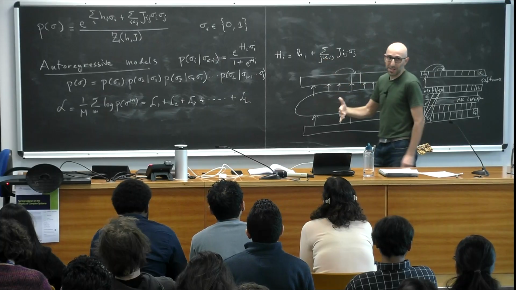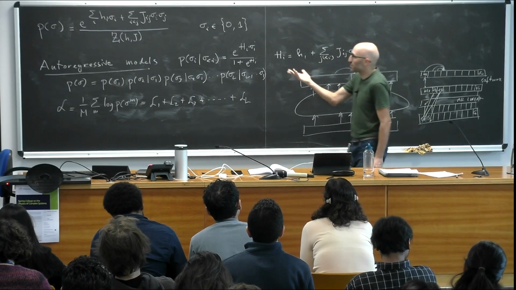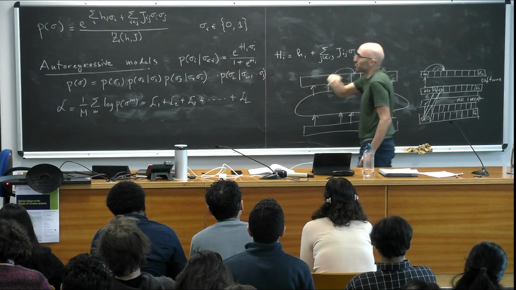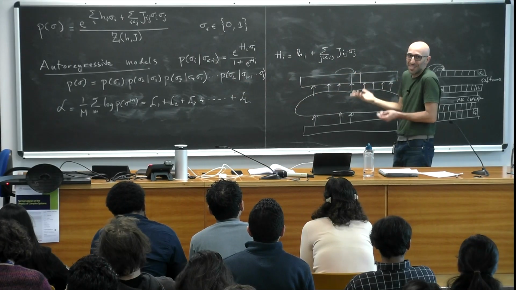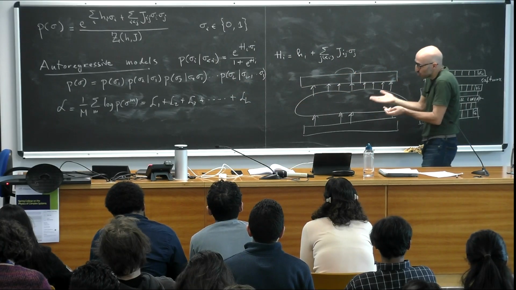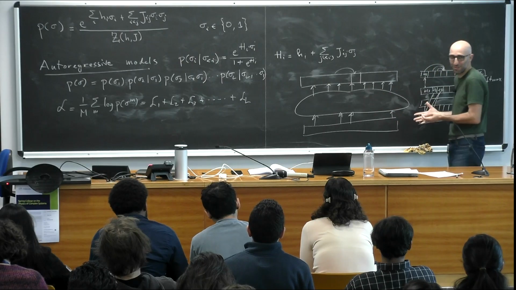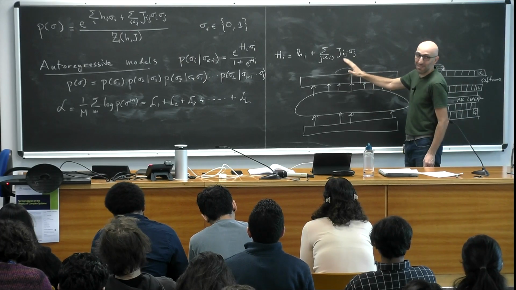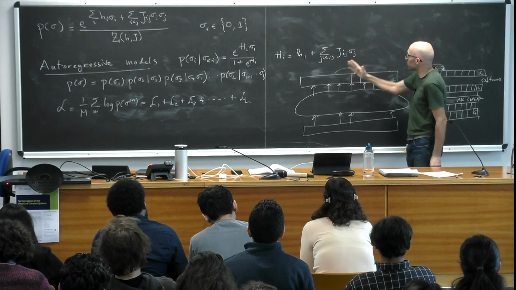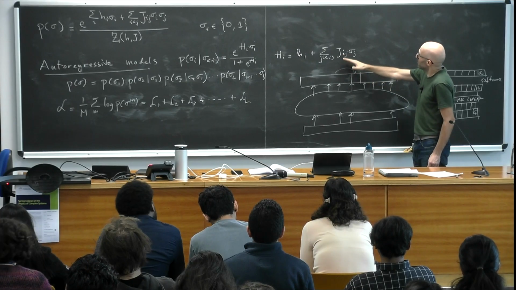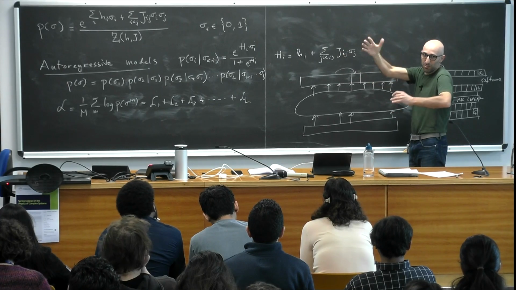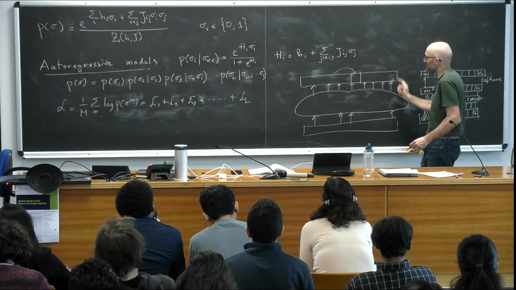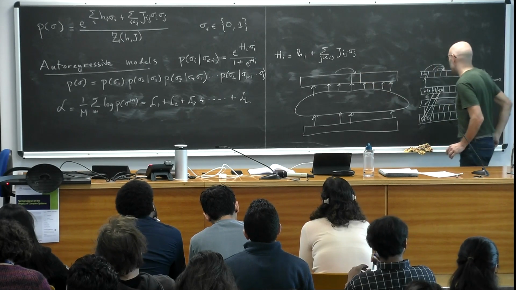If you do pseudo-likelihood, the couplings are not symmetric, so you have L times L minus 1, so you have twice the number of couplings, but this is not really consistent, so you should symmetrize them or should do something. And if you do autoregressive, you still have L times L minus 1 over 2. Basically, your matrix is lower triangular instead of symmetric. You say that there are zero couplings with the future and there is a coupling with the past. Okay?